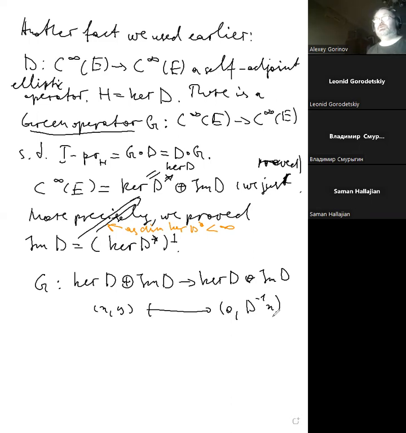On the kernel of D, I take it to be 0, and on the image of D, I take it to be D inverse. Well, D inverse normally doesn't make sense, but we want to take D inverse of Y, and Y is inside the image of D.